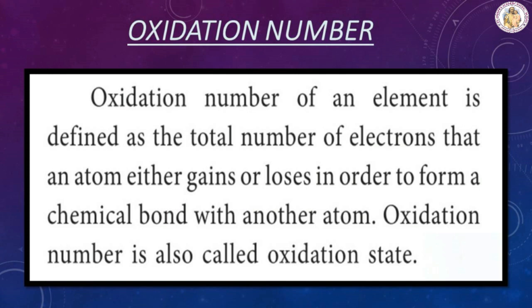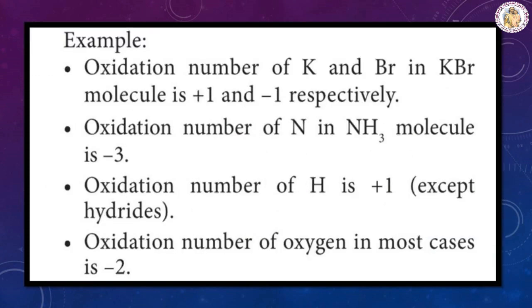What is oxidation number? The oxidation number of an element is defined as the total number of electrons that an atom either gains or loses in order to form a chemical bond with another atom. Oxidation number is also called oxidation state. Let's see some examples. The oxidation number of potassium is +1, bromine is -1 respectively.